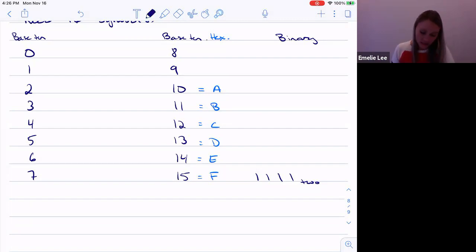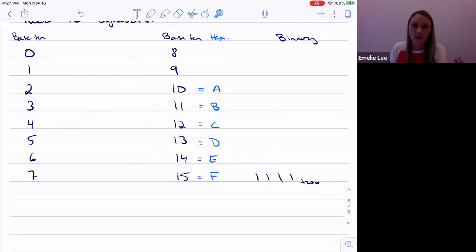I'm just going to give you these, but I want you to go through and figure out that you know how to find these binary numbers. It's a really good exercise to be able to set up.